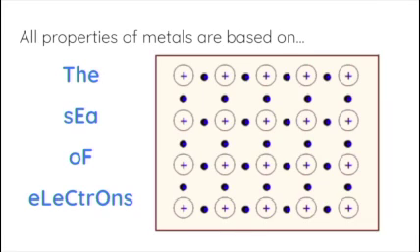This happens because transition metals, not group 1 or 2 metals, have these d orbitals, right? And these d orbitals have many unpaired or free-floating electrons that allow for these metals to have many different properties that are very characteristic of metals, many of which you probably never even thought were because of delocalized electrons or anything like that.